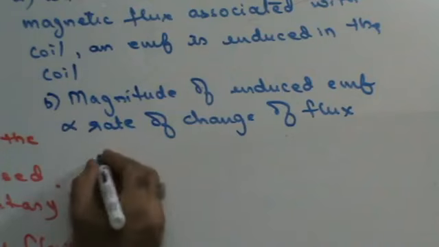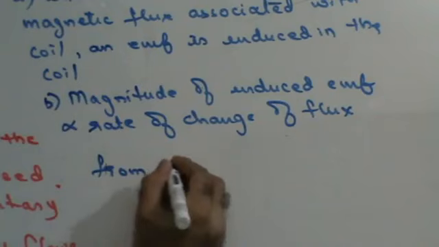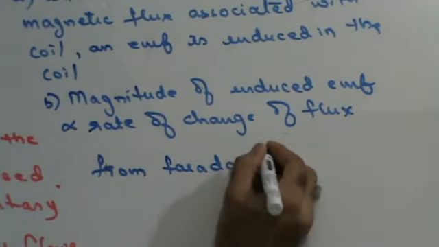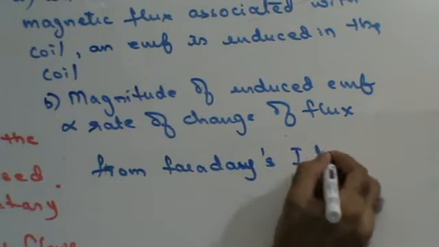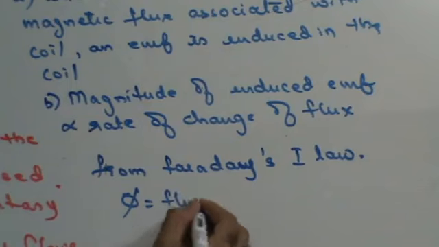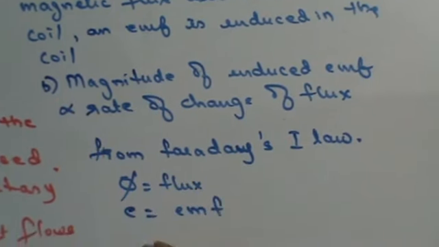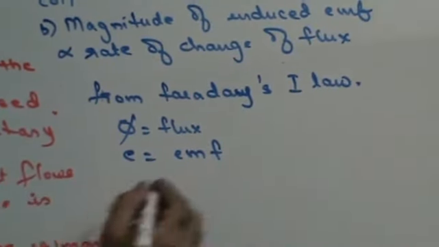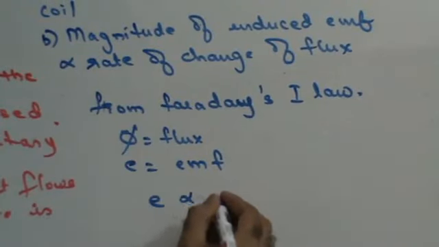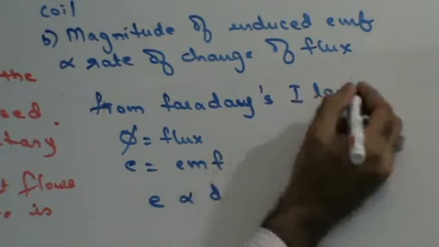So I can say from Faraday's first law, that if phi is the flux, and E is the EMF, then EMF produced in a coil is directly proportional to the rate of change of flux, first and second law.